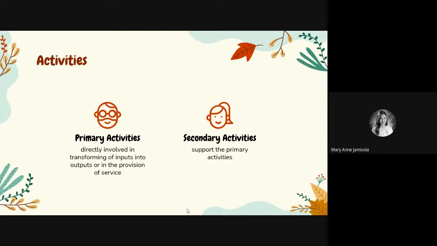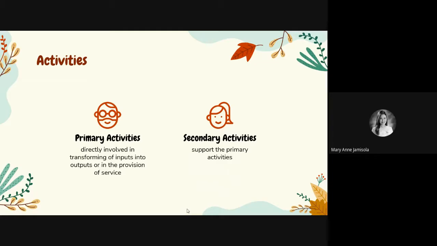The various activities undertaken by a firm can be broadly classified into primary activities and secondary activities. Primary activities are those which are directly involved in transforming inputs, which are our raw materials, into outputs, which we call finished products or finished goods, or in the provision of service.